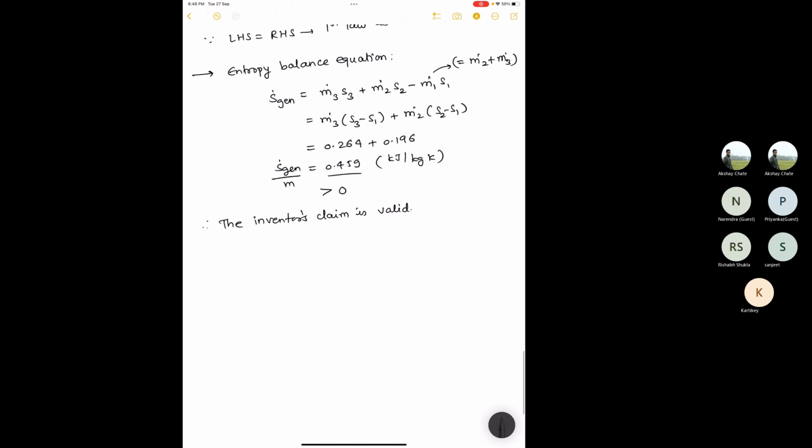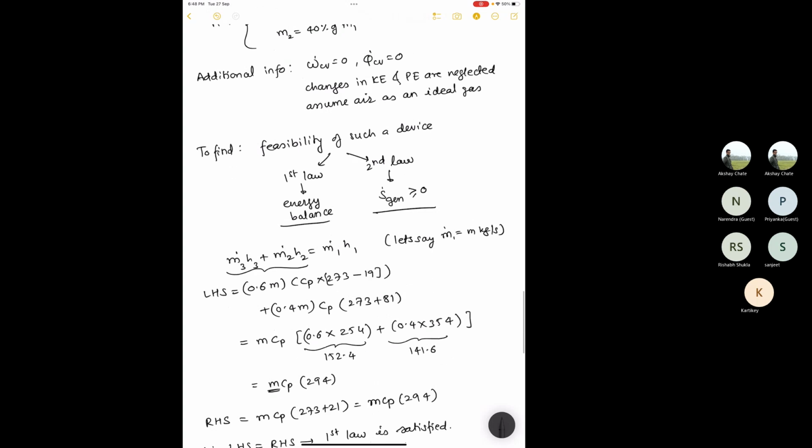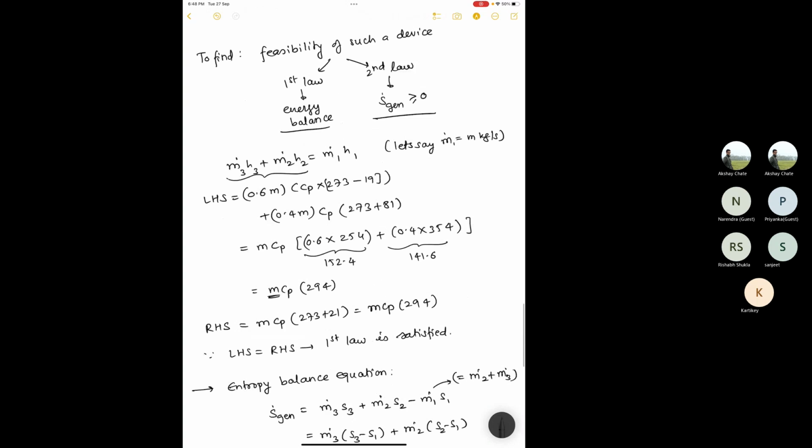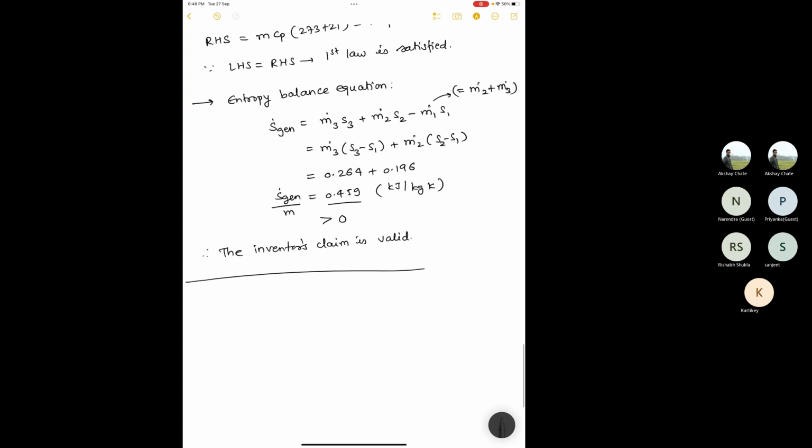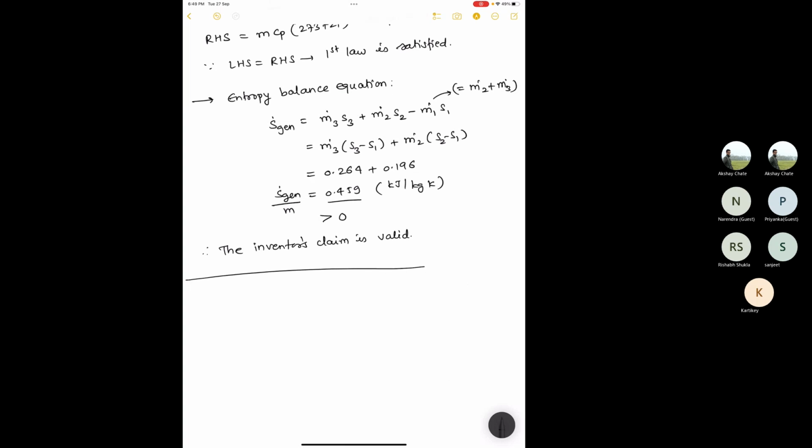So this type of questions are also very common in this area of thermodynamics. By the way, this question, this entropy, this device inventor's claim, has been asked multiple times in civil services, engineering services.